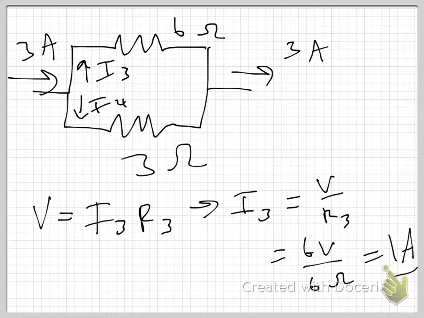And I found that 1 amp is flowing up here. So if 1 amp is flowing up there and the total is 3 amps, then it's got to be 2 amps here. And if you form Ohm's law again using that resistor, you will find that it is 2 amps. So I've got 2 amps going here, 1 amp going here.